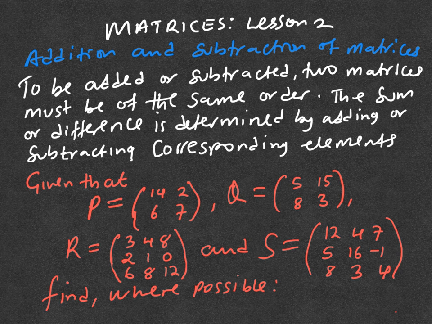So we have been given four matrices, P, Q, R, and S. They are telling us to find where possible. Let's write this on the next page.